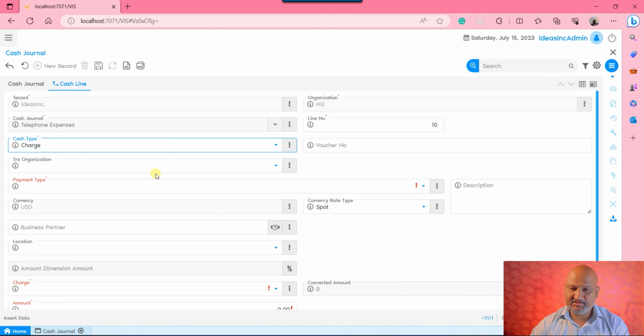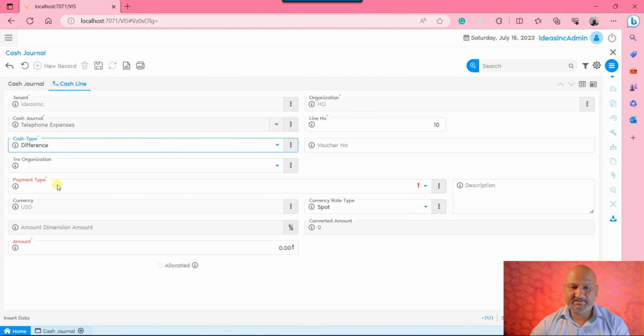Next is the charges. You would be able to use the charges. Now there is a difference, and that's the interesting one basically. Being the finance head or the finance executive, it is my primary responsibility to count the cash every morning. And while closing the day, it is my responsibility to verify what the cash would be. Now, let's suppose for the next day I figure out there is a difference of some dollars.